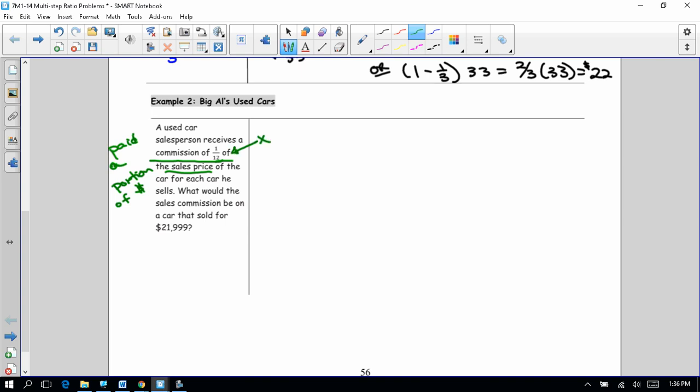When I see the word of, I know I'm going to be multiplying. So all the vehicles at Big Al's Used Cars, the commission is always 12% of the original price. Well, what's the price? They sold the car for $21,999. So I'm going to take 1/12 of $21,999.